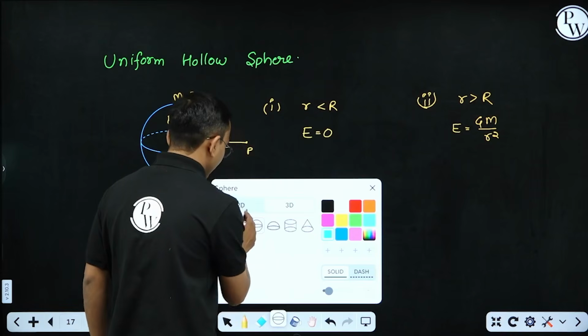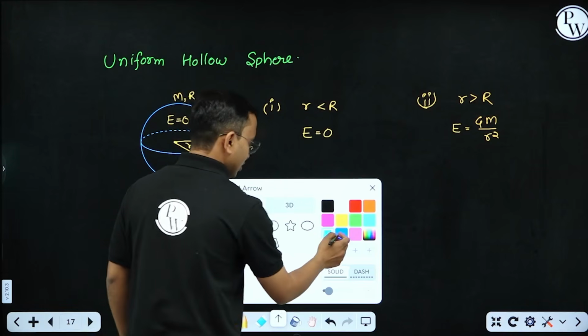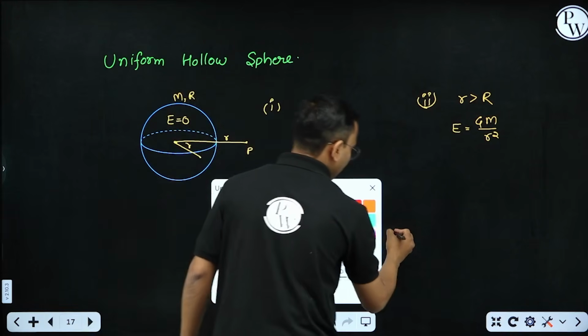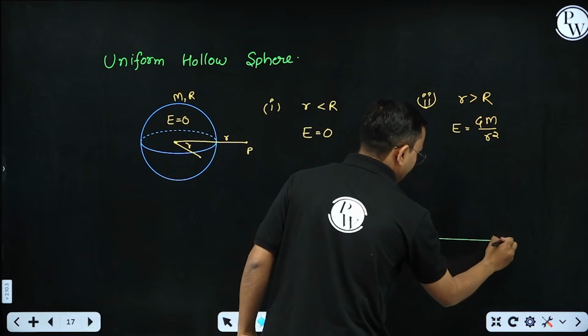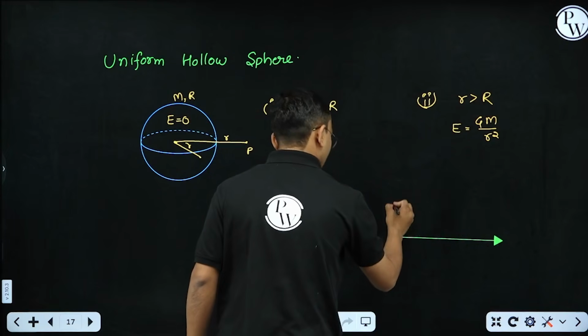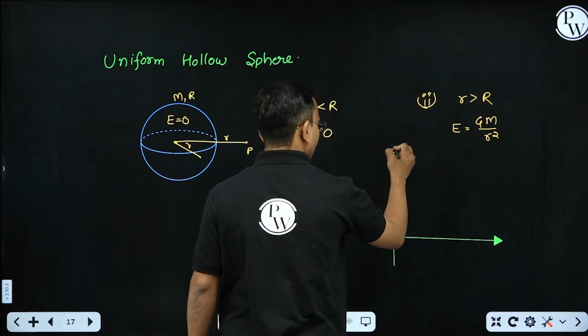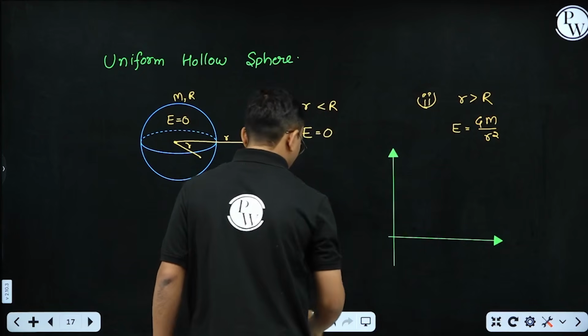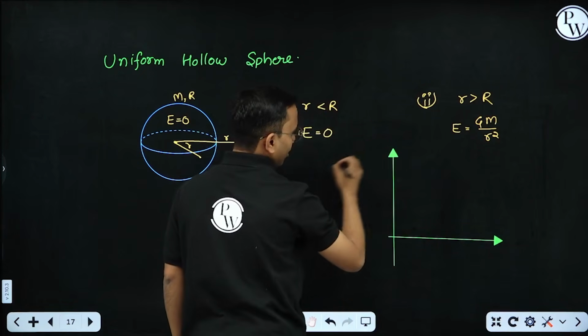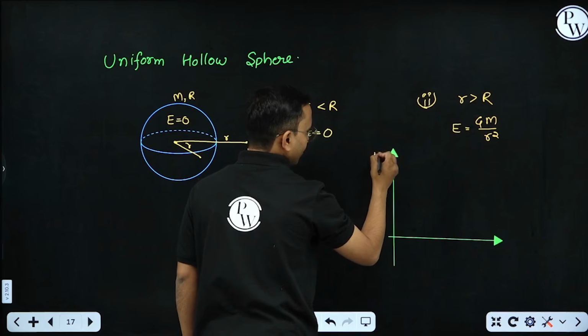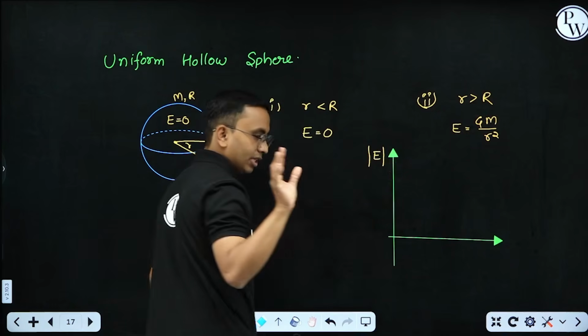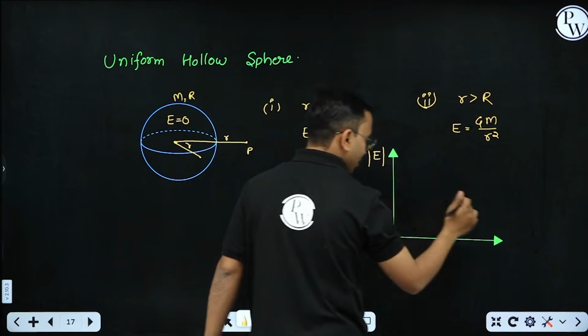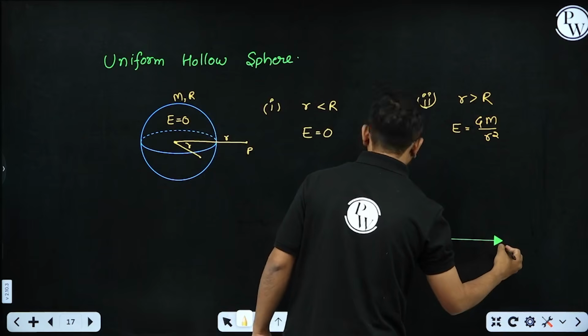So we can draw also here how my gravitational field is varying. This is my gravitational field. I'm just writing the magnitude, not with the direction, how the magnitude is varying with distance r.